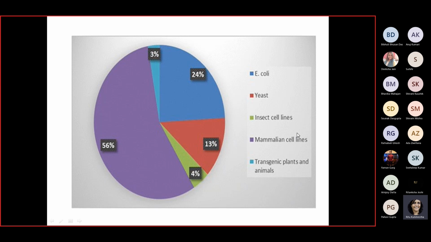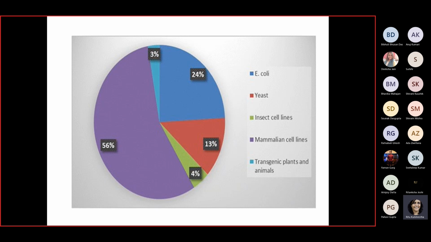And it's not only limited to these cell lines or single cells; there is also work going on in which you can use whole transgenic plants or animals to make these recombinant proteins and finally harvest and purify them.